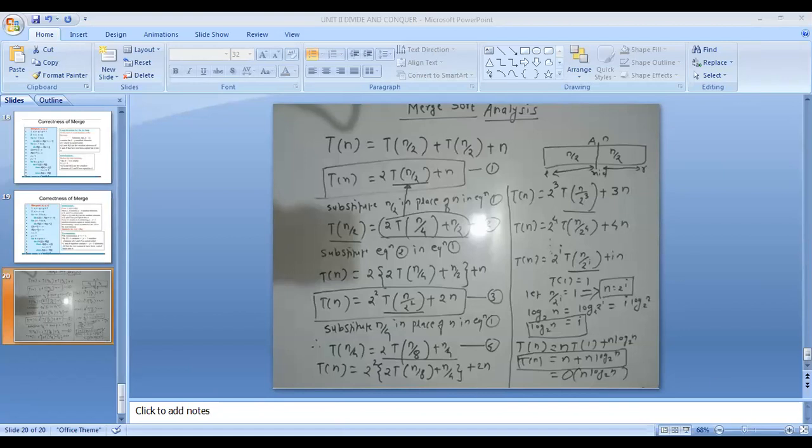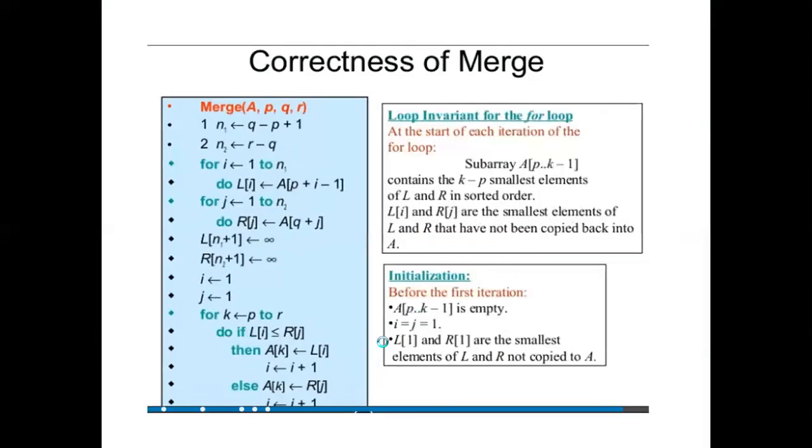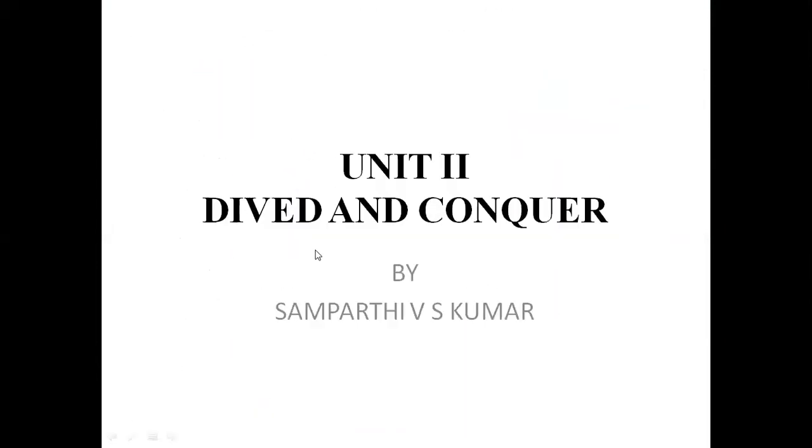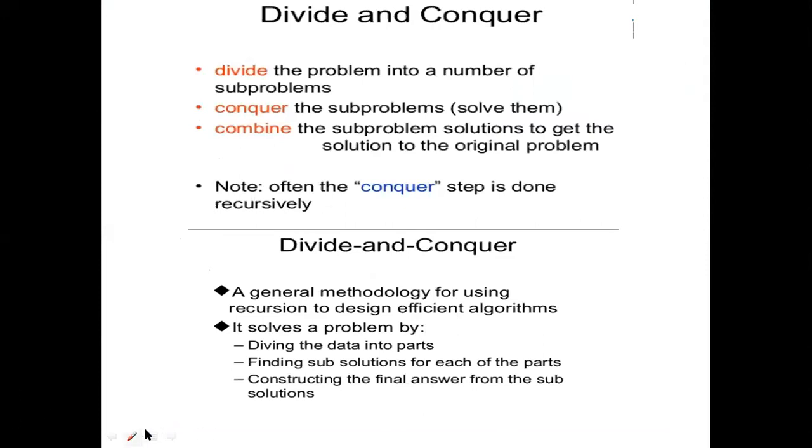Okay, yesterday we discussed the second unit, that is divide and conquer problems. So what does divide and conquer mean? First you divide the problem into a number of subproblems. Then find the solutions to the subproblems, that is, we call it conquer.